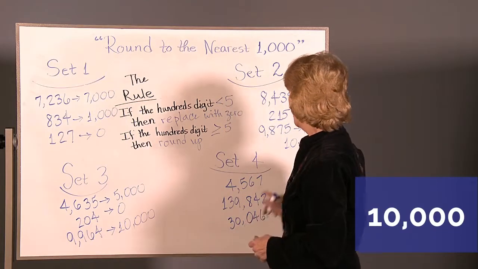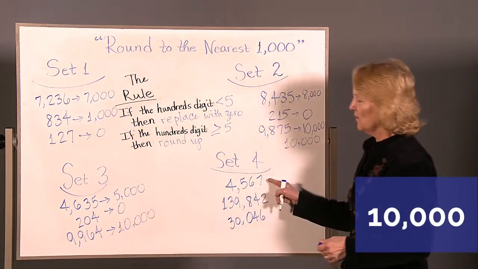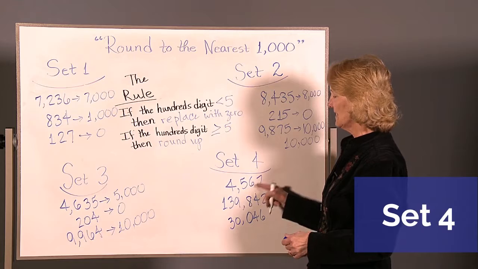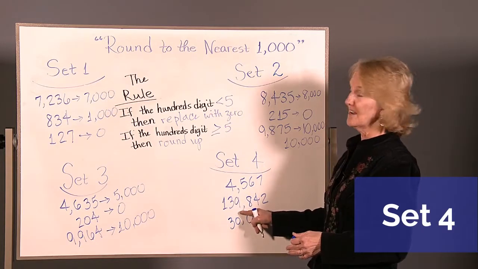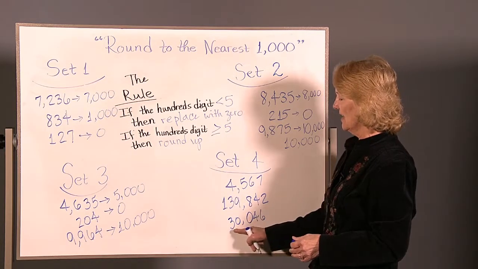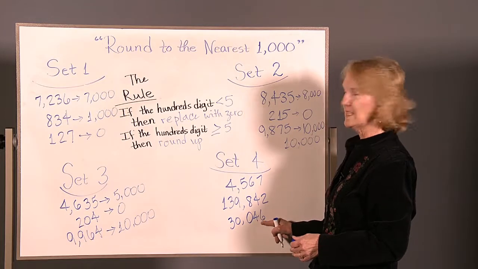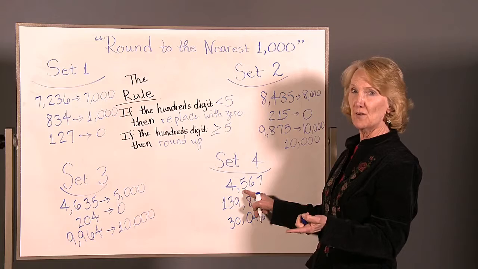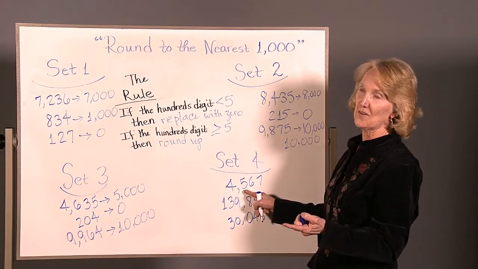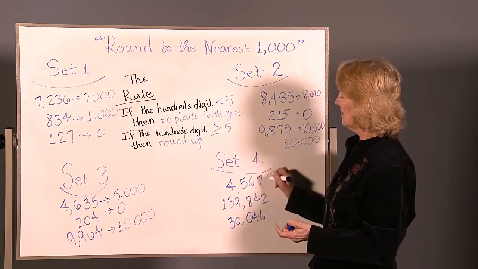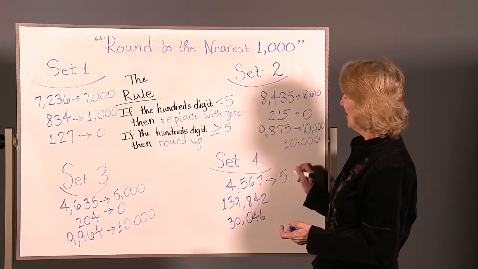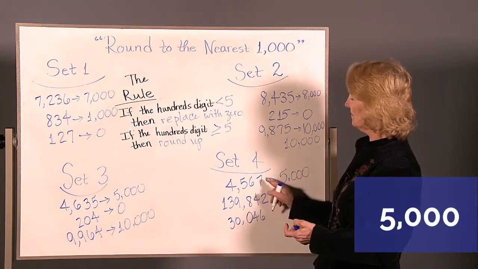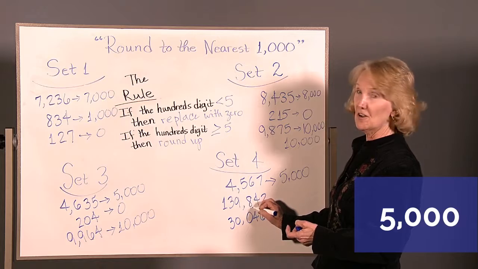Next one we have, for set 4, we have 4,567, 139,842, and 30,046. Okay, we look at our hundreds digit. It is greater than or equal to 5. It is equal to 5. So we round our 4,000 up to 5,000. Okay, this one we look at our hundreds number.